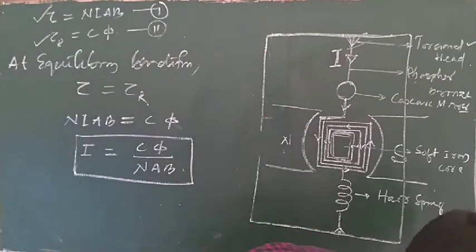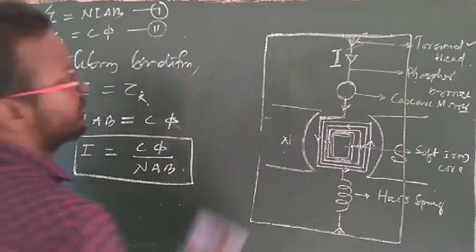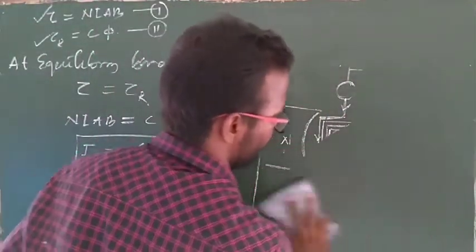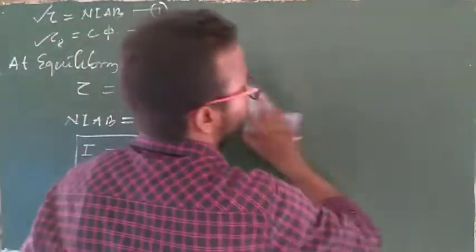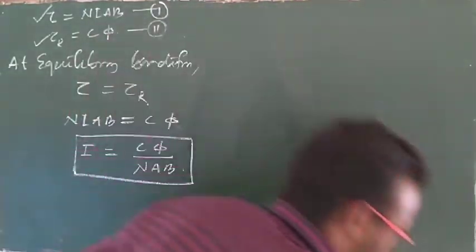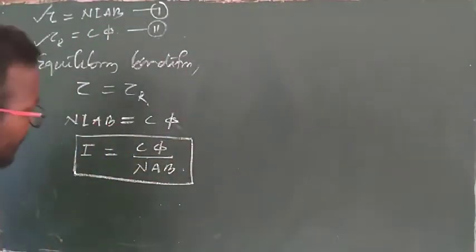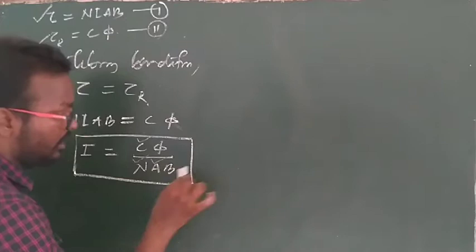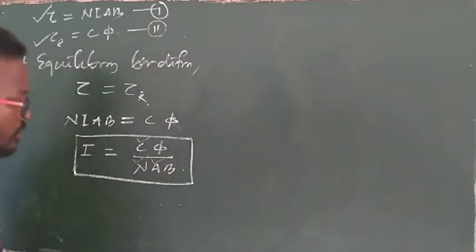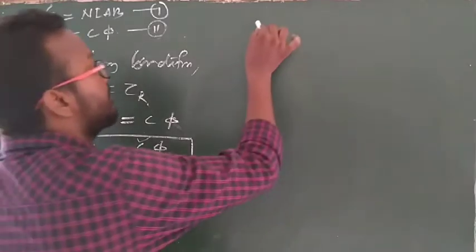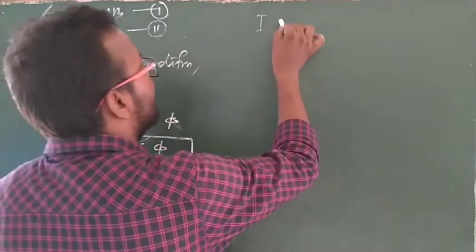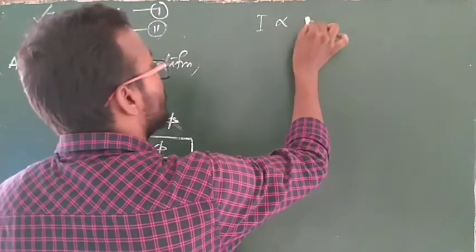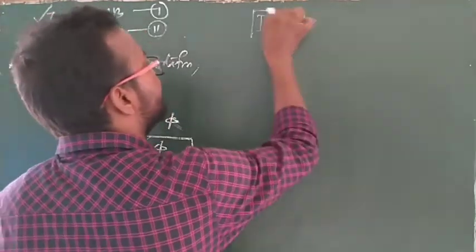Now from this relation, what is C? C is a constant quantity. If the number of turns is constant, then the area of the rectangular loop is also constant. Here the radial magnetic field is also constant. That means we can write I is directly proportional to the angle of twist.